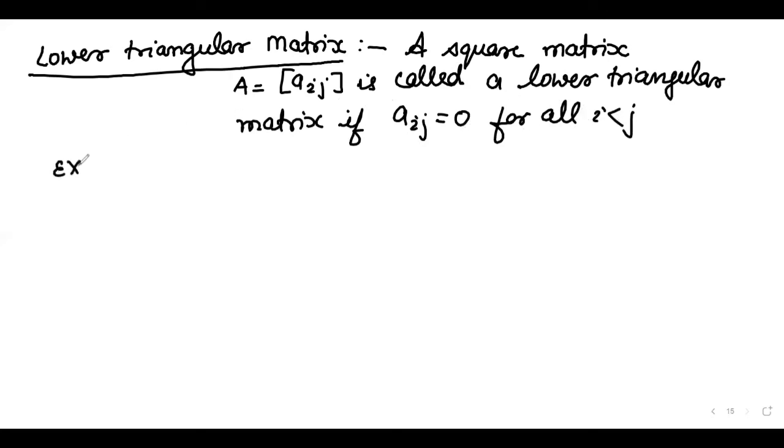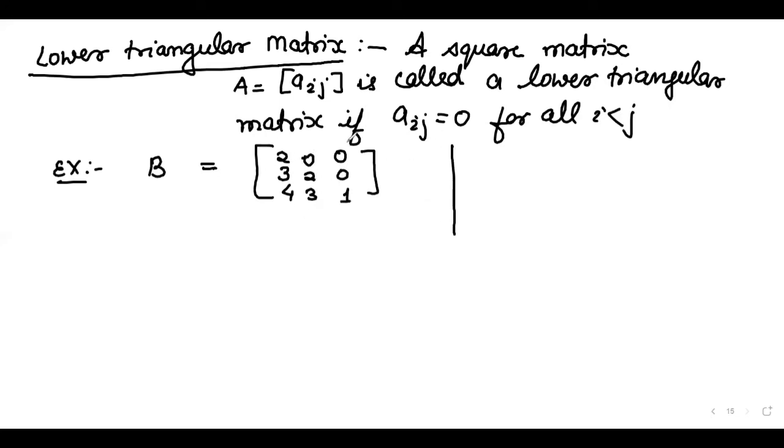So for example, I am taking matrix B: 2 3 4 0 0 2 0 3 1. Here we can see that the a12 position is equal to 0 because 1 is less than 2, i is less than j.